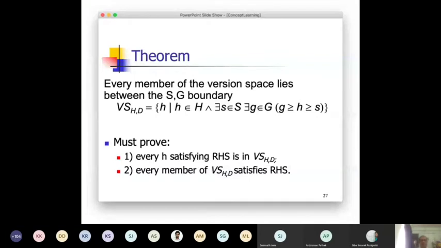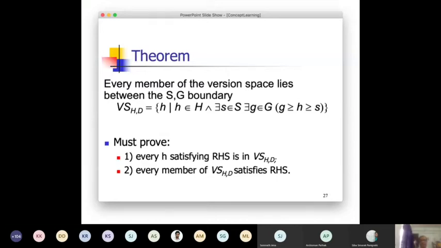And this theorem says that this lattice structure, if you have these two boundaries, general and specific, then any hypothesis which is more general than one of the hypotheses of the specific boundary, and which is less general than one of the hypotheses of the general boundary, should be consistent, and that is a member of the version space.